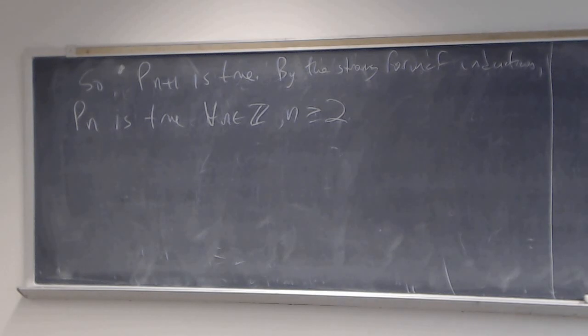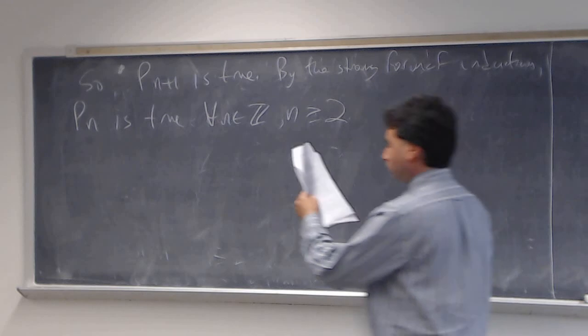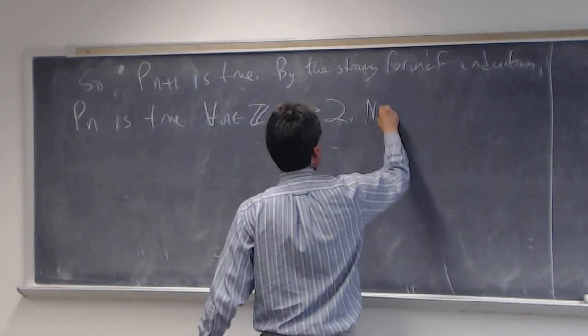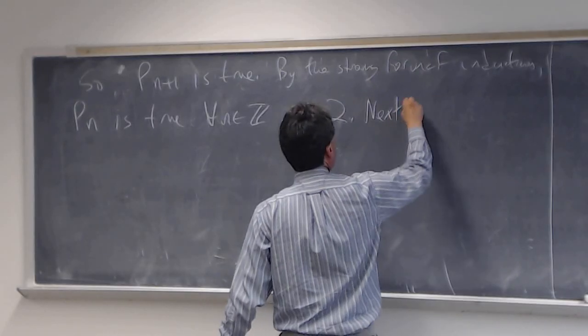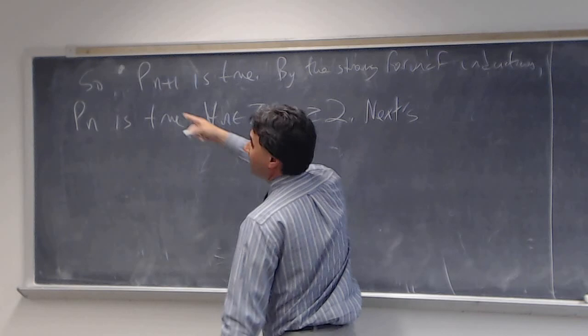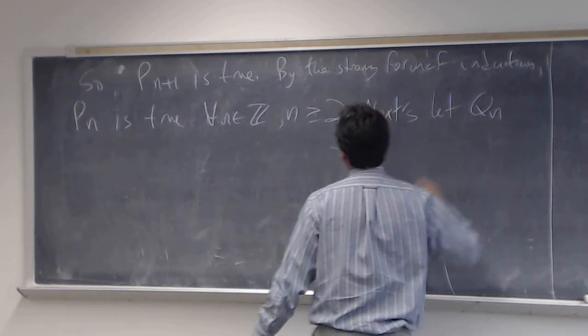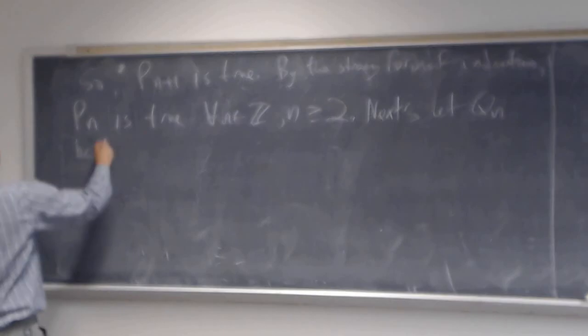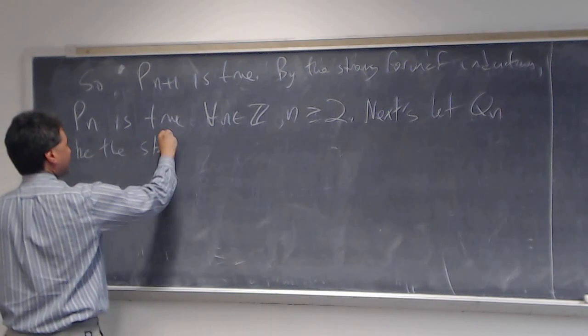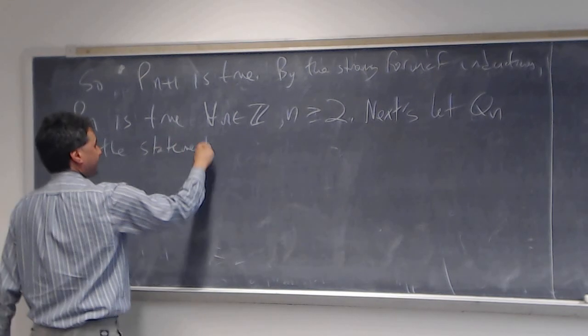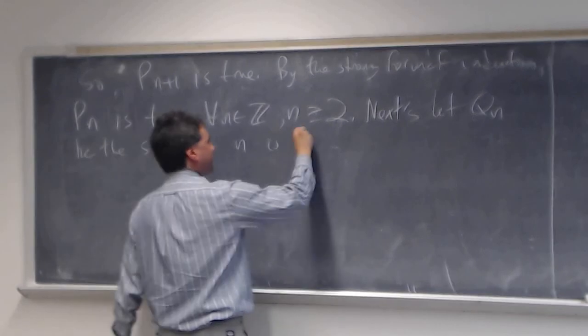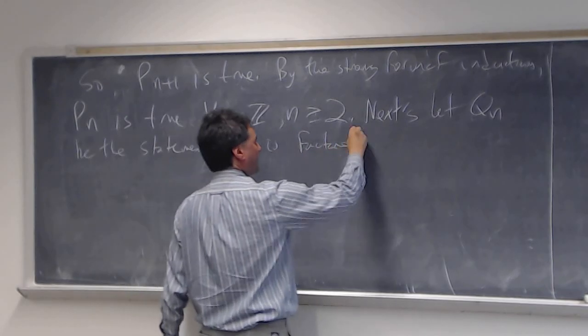Now for uniqueness. I guess P(n) is already used, so let Q(n) be the statement: n is factored uniquely into primes.